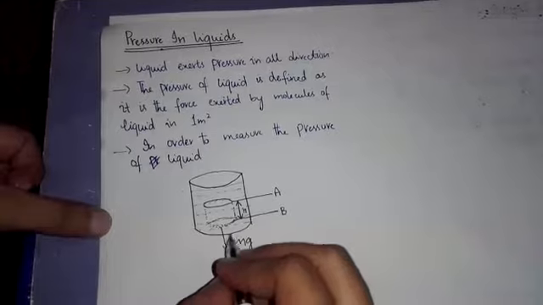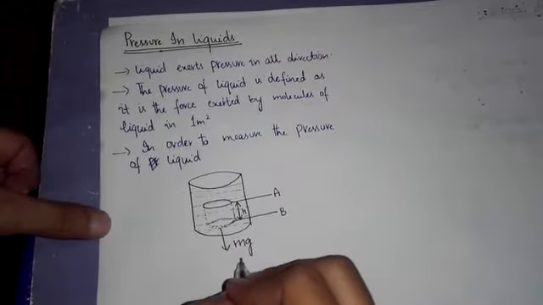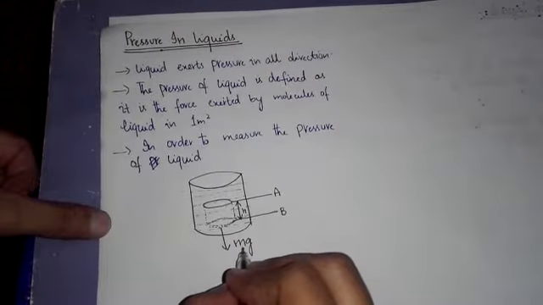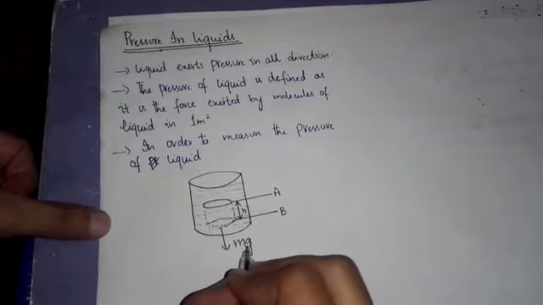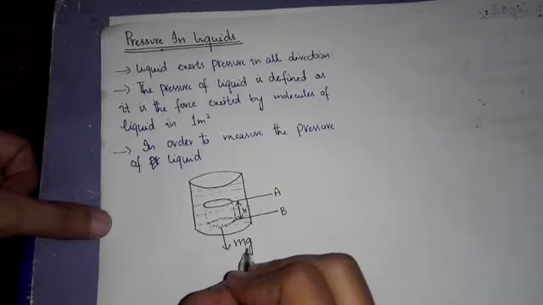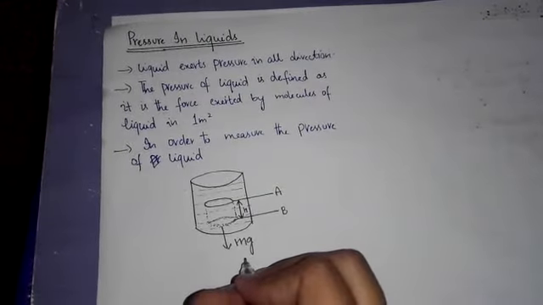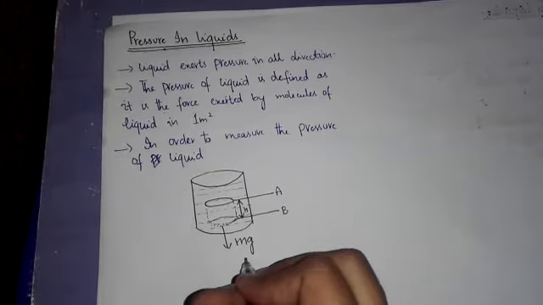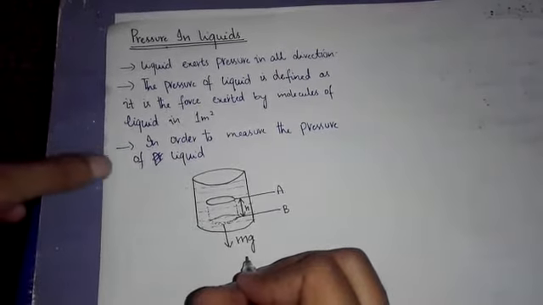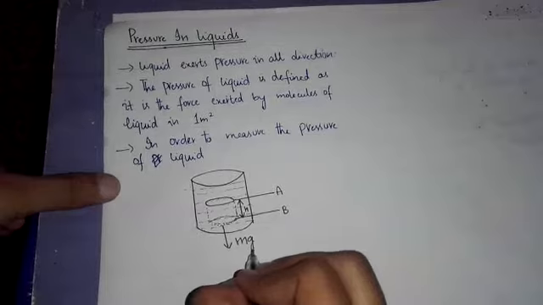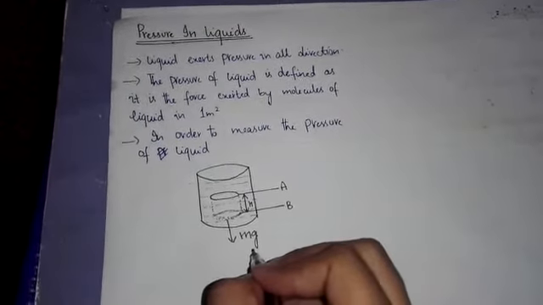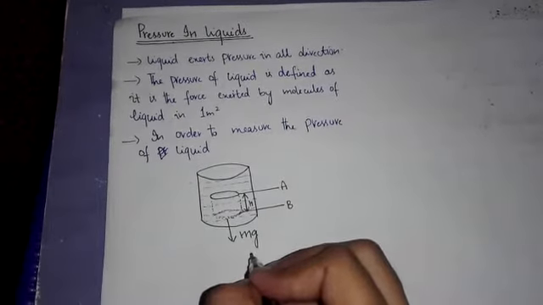Obviously the mass of this disc acts downward due to gravity, so we can say that its weight is equal to mg, as you have learned in chapter number 3, that W is equal to mg, right?